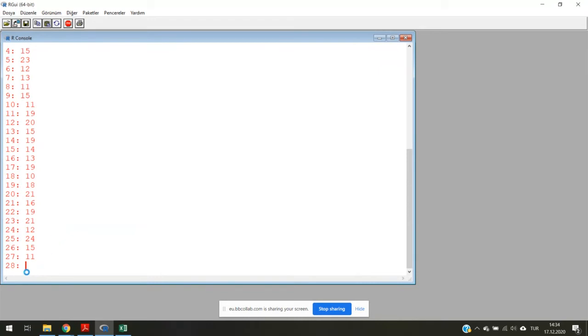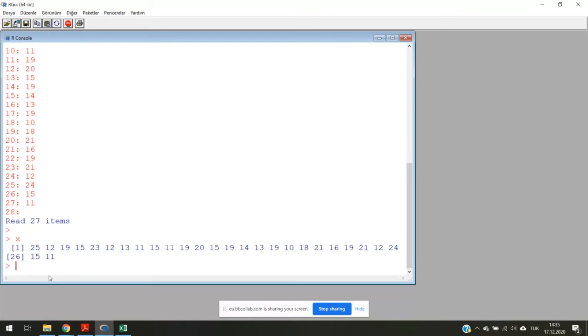And then it is going to ask you to enter the 28th entry, but there is not any more entry after the 27th entry. So you simply press enter at this point, and it will say that I have read 27 items. Now your X vector is stored here.